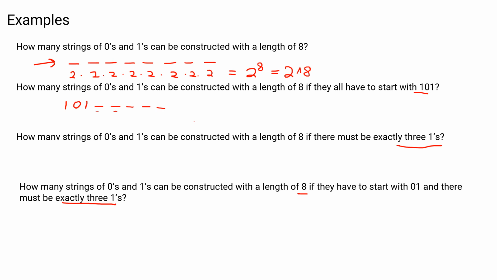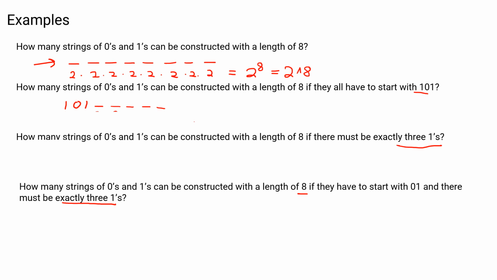But we already know what they need to start with. The first 3 digits need to be 101. So we'll fill those out here and then realize that there are 5 slots left.